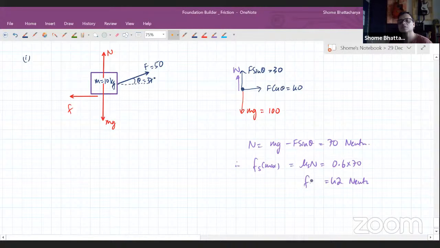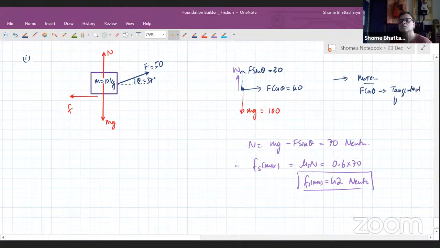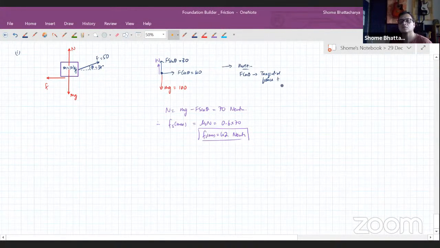You can now see something interesting, that the maximum friction is more than the amount of force which is trying to make it slip. So here we can also see that F cos theta, this is the tangential force, which is trying to make the block slip. So this is the force that friction will oppose.